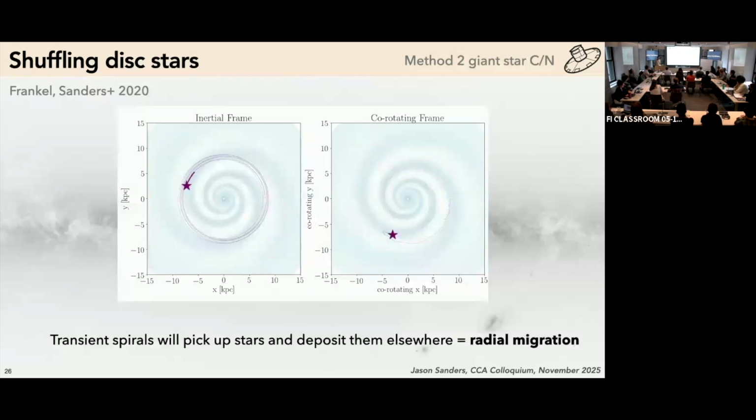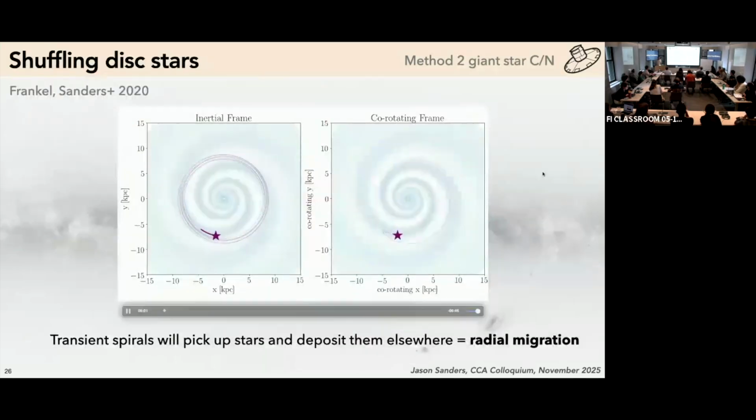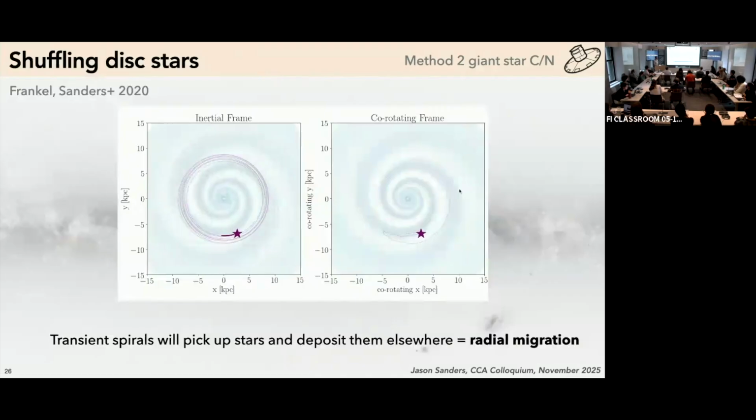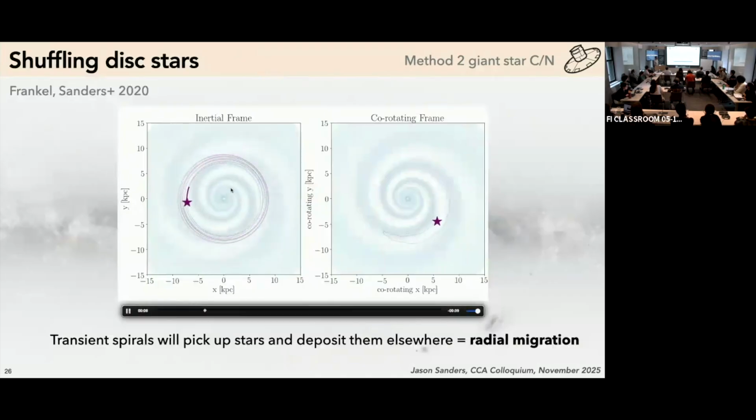Radial migration is a process where stars move from their birth location in the Milky Way to some other location, which we see them today. And it's usually attributed to transient spirals. So here is a spiral potential perturbation being applied to the orbit of a star in the galaxy.